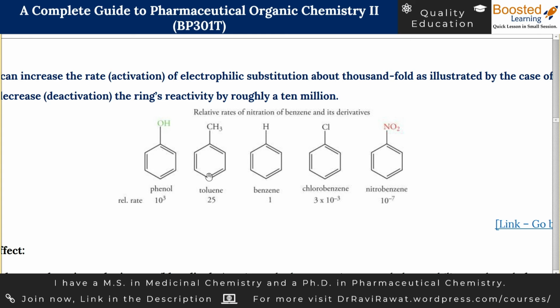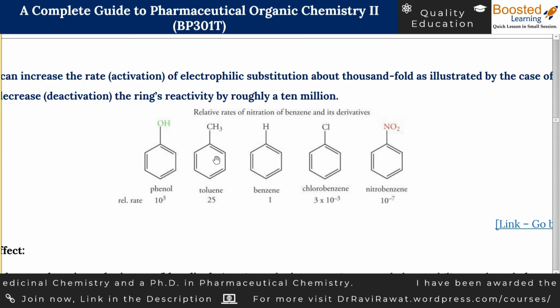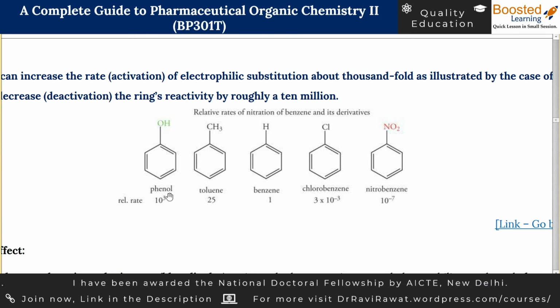So that is how the nitration rate is faster with toluene. And the reaction rate increases up to 1000 times faster in the case of phenol. Such a small group, the hydroxy group, donates so much electron density to benzene that it increases the rate 1000 times. So isn't it activation? This is the rate that we are talking about, the effect of substituent on reactivity.